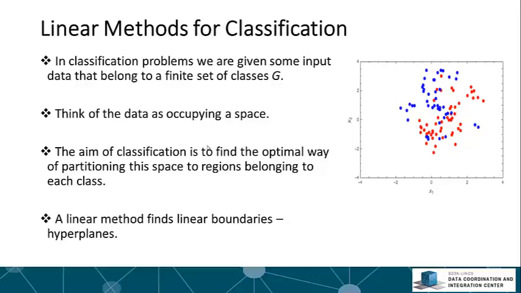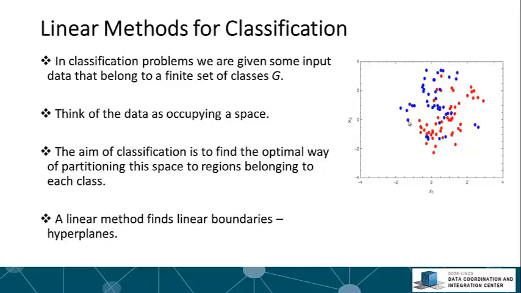Let's say our input data has 2 variables, x1 and x2. You might like to think of the expression of a pair of genes. Then each datum corresponds to a point in this space.